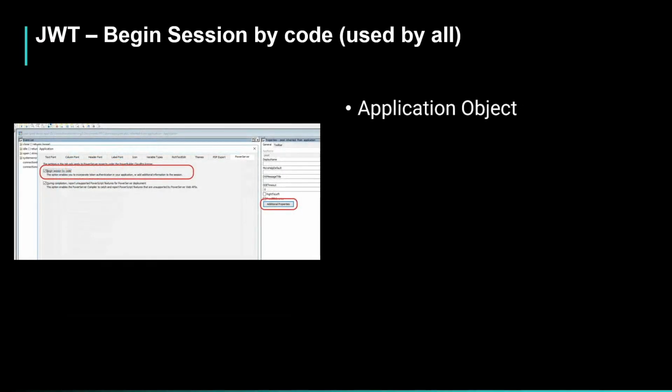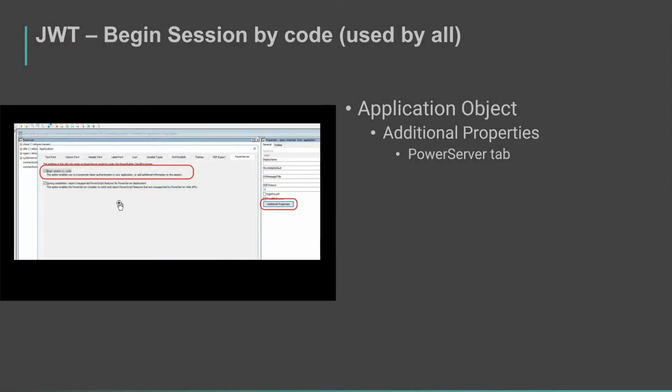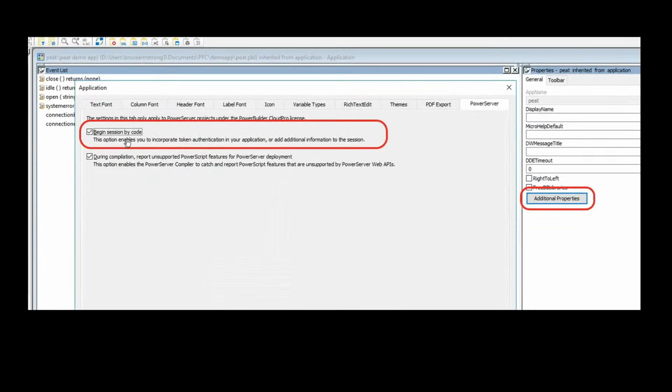So this next property we're going to look at, this applies no matter which of these authentication methods we're going to use. What you need to do is go into your application object, go into its additional properties, go to the PowerServer tab, and there's an option there that says start session by code. Let me zoom in for a minute. There, begin session by code.